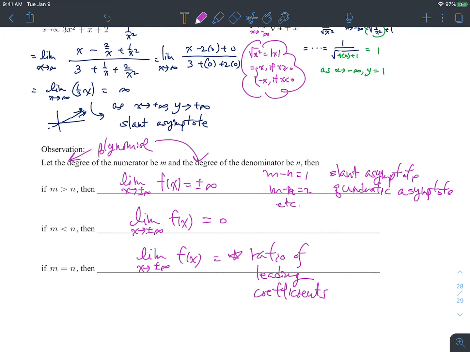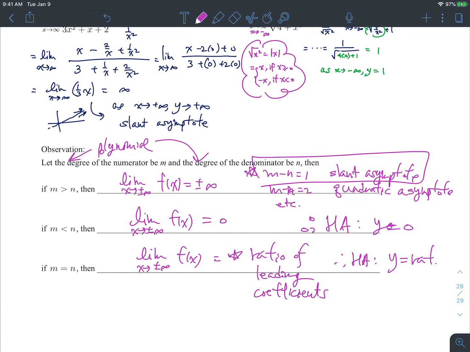So over here, the first one, it'll be some sort of asymptote, either slant or quadratic, but most of the time, we're going to be dealing with this part, guys. Most of the time. And here, the horizontal asymptote is y equals 0. And here, the horizontal asymptote will be y equals the ratio of the leading coefficients. Look good, guys?